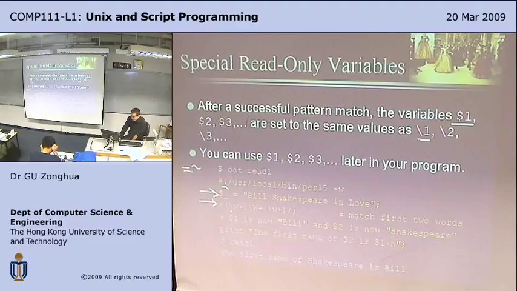So \w+ means match one or more of the alphanumeric characters, followed by big \W, which means non-alphanumeric characters, which means space or dash or plus or anything. One or more non-alphanumeric characters followed by one or more alphanumeric characters. So this will match: the first \w+ will match Bill, the big \W+ will match the space, and the second \w+ will match Shakespeare.